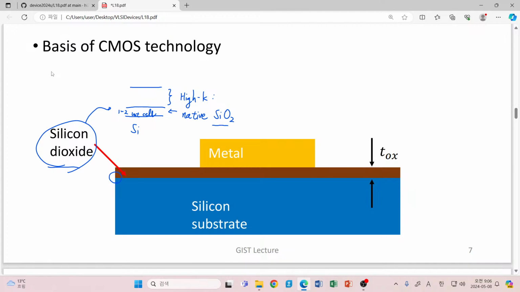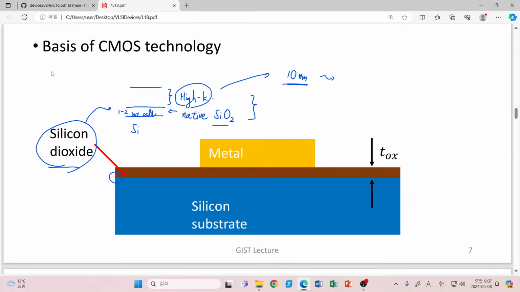So from the viewpoint of electrical property, for example, if physically it is 10 nanometers, it can be regarded as just a 1 or 2 nanometer thick layer. That's the reason why we have introduced this high K oxide.